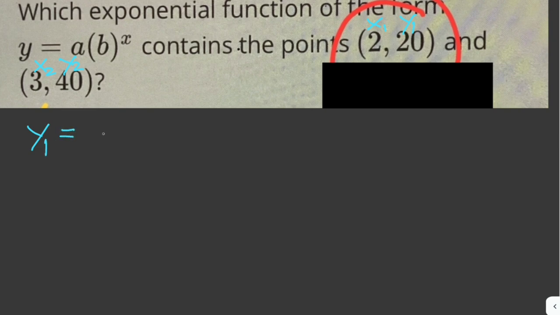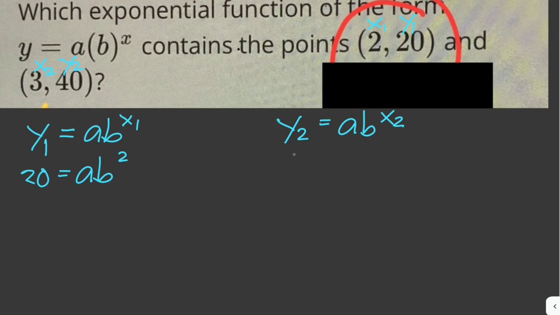Y sub 1 equals a b to the x sub 1. So this is just 20 equals a b squared. And then the other one is y sub 2 equals a b to the x sub 2. So this is 40 equals a b cubed. Now we can divide them. Let's try dividing y sub 2 by y sub 1.